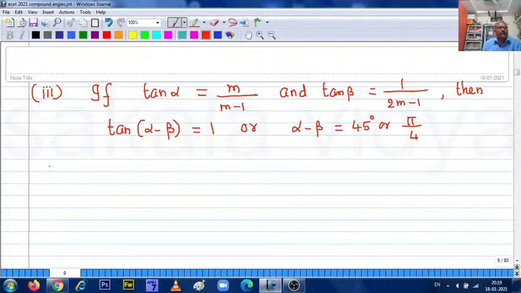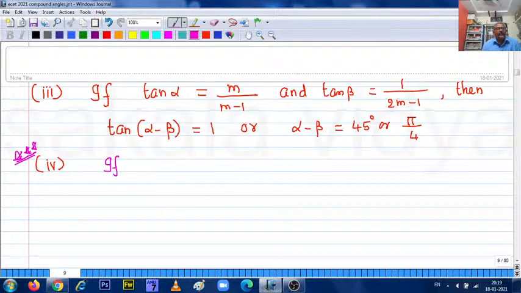So next now fourth one. This is important. Even it will be useful for inverse trigonometric functions also. The same concepts will be useful while dealing with the inverse trigonometric functions.